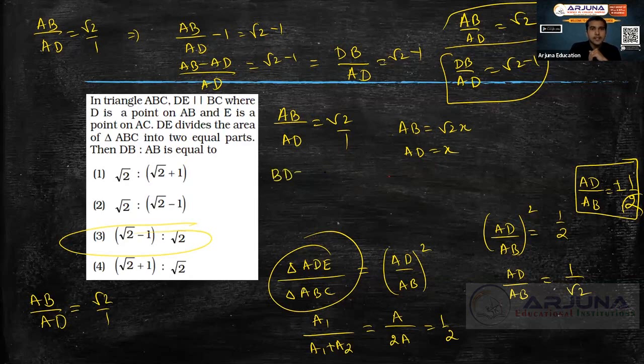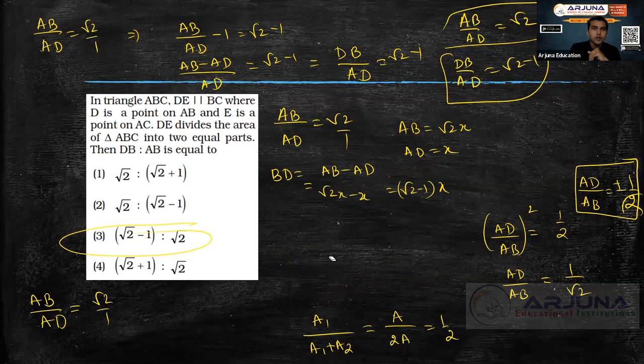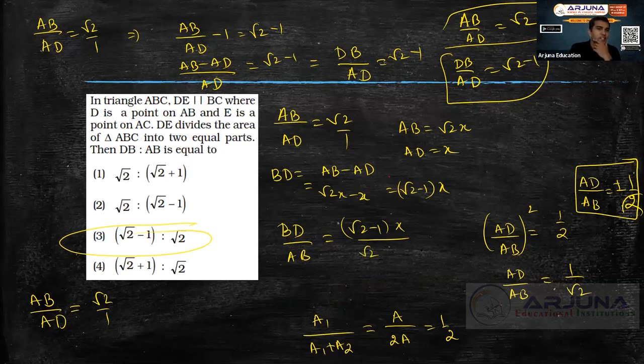BD is actually AB minus AD, and that's going to be root 2x minus x. That is root 2 minus 1 into x. So this is BD. What they're asking now is BD divided by AB. BD is root 2 minus 1 into x, divided by AB, which is root 2x. So x can cancel. It is root 2 minus 1 by root 2. So the answer is C.